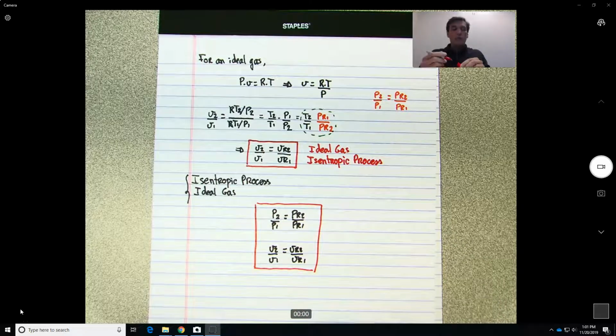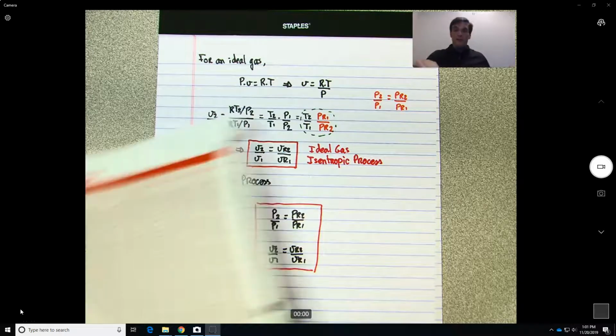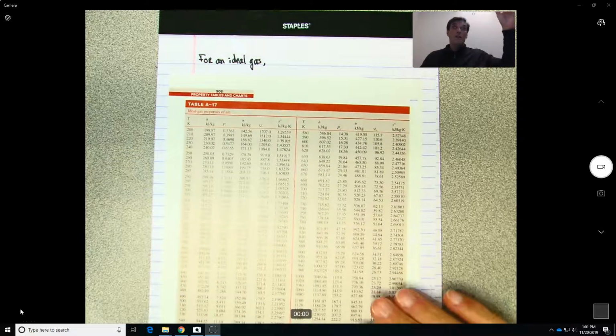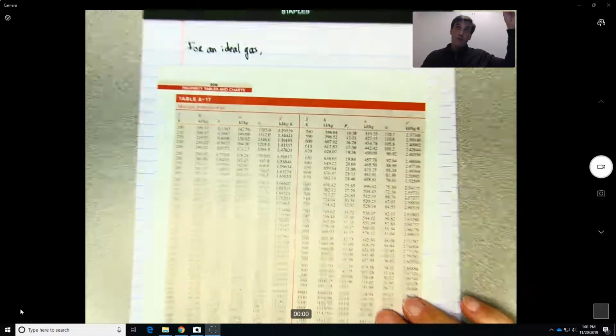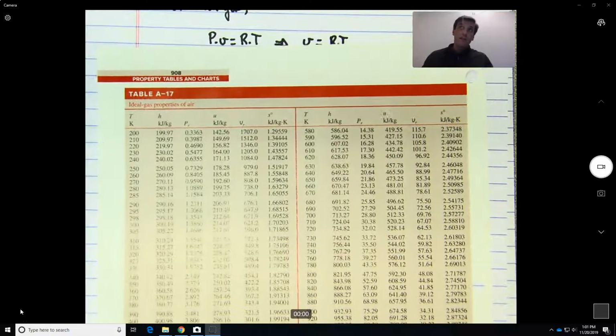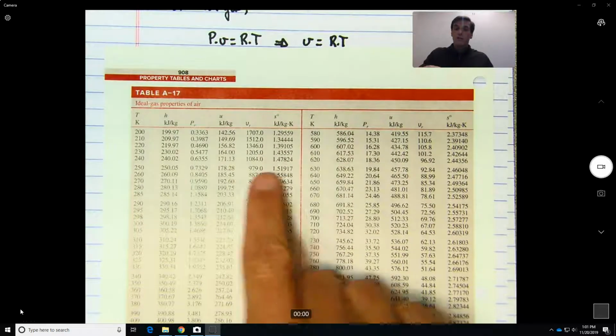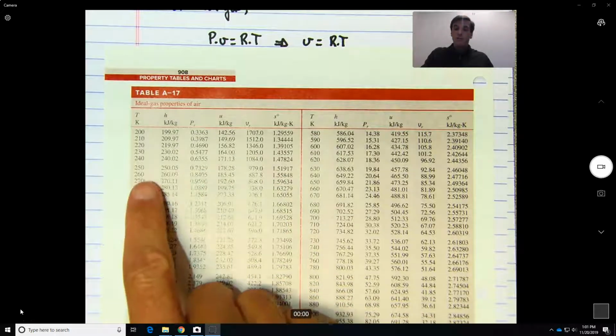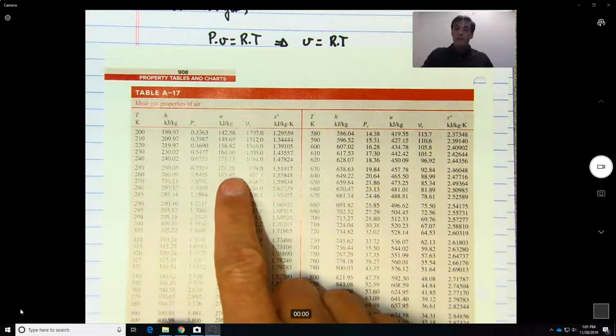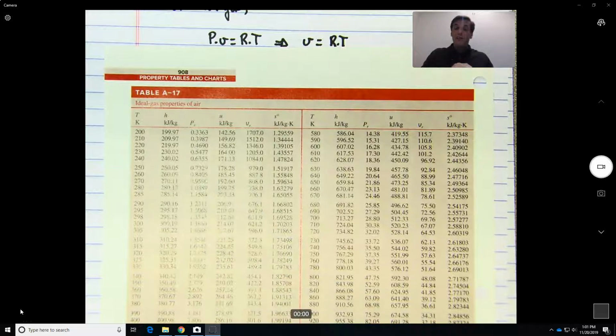So why do we need that? In most problems, if you remember from other problems, we need to find efficiency. So let's say you know the actual efficiency or the actual work created by a system, and you want to know what would be the ideal case. So you need to know what would be the isentropic.